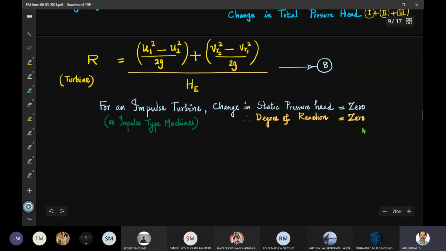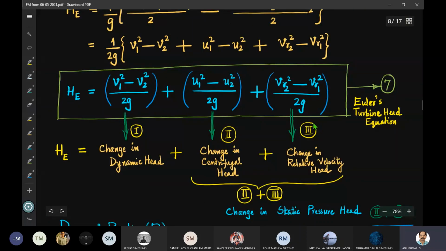Before I wind up today's class, let me remind you that this equation, the sum of the three terms representing the Euler's head, is the Euler's head developed in the case of power producing turbo machineries, and Euler's head imparted to the fluid in the case of power consuming turbo machineries.